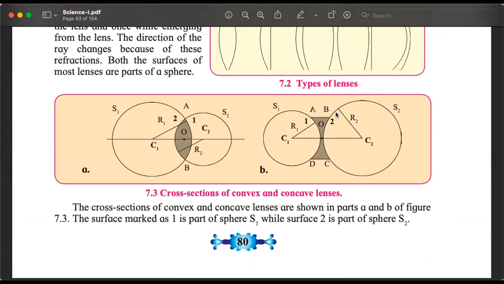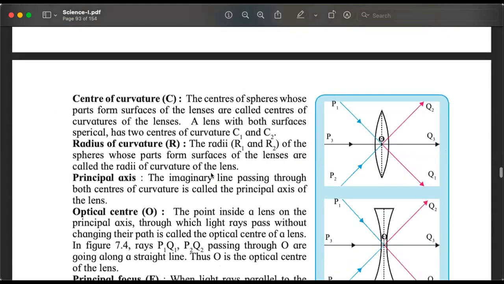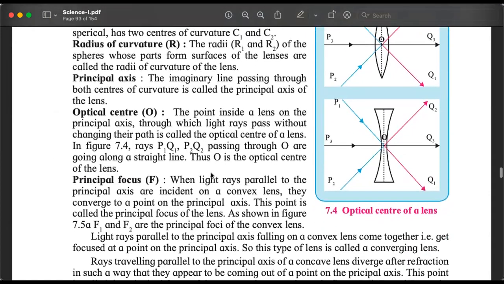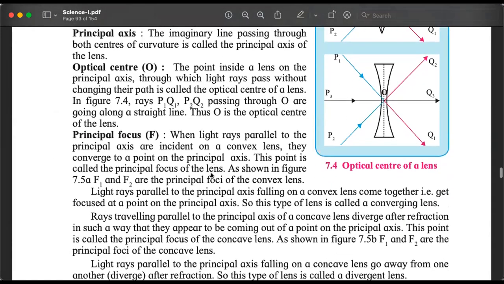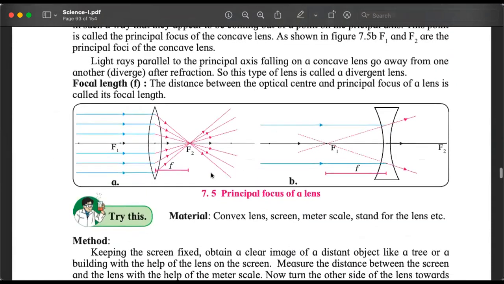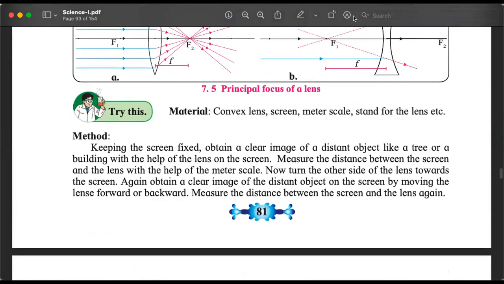So the diagram that is required is on page number 80, and the terms that we need to explain are center of curvature, radius of curvature, principal axis, optical center, principal focus, and focal length. We studied about them in the last class. Please complete this question as part of your homework today.